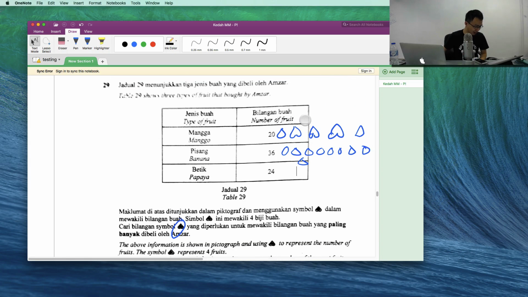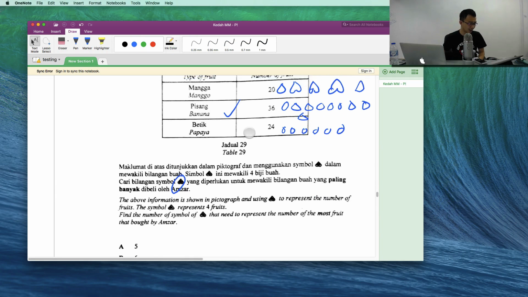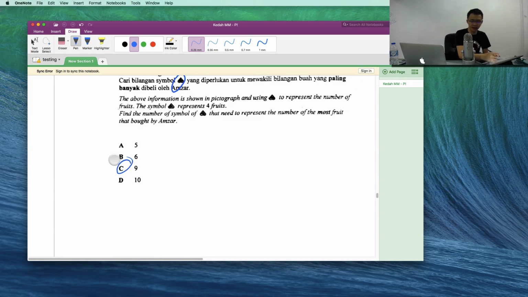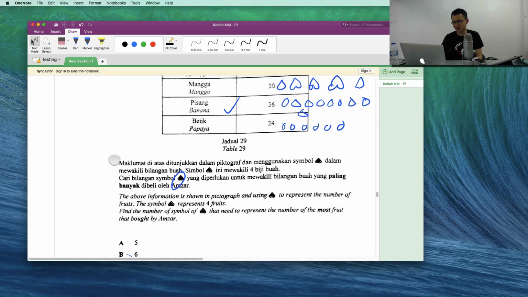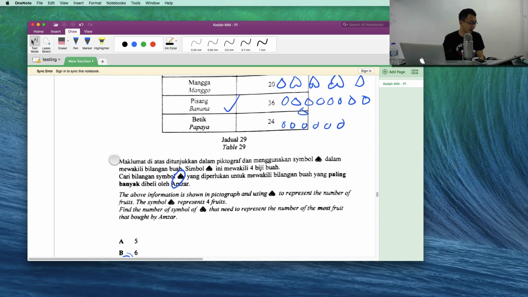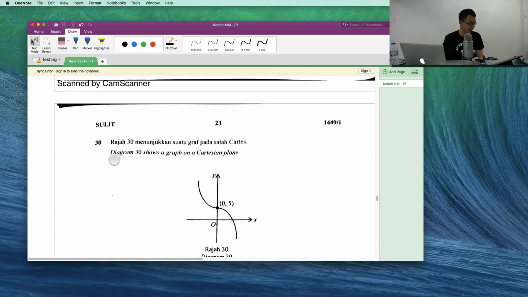This other one has 6. 1, 2, 3, 4, 5, 6. So obviously this one is the most. So the most will be 9. Yeah, this question just sounds so weird for me.